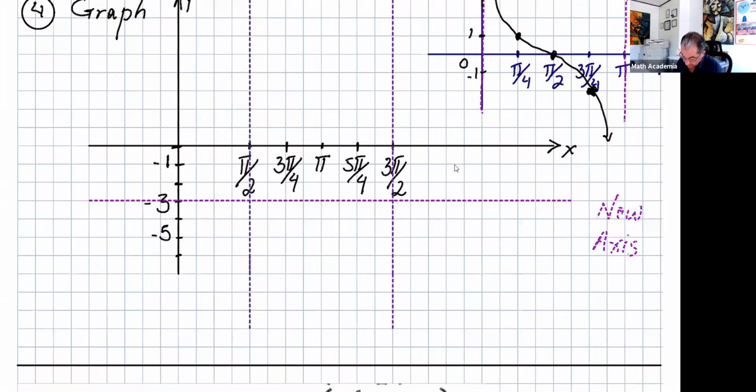The second point will be right here. The third point is on the axis, so it's going to be here. And next one is going to be not there, but at negative 1.